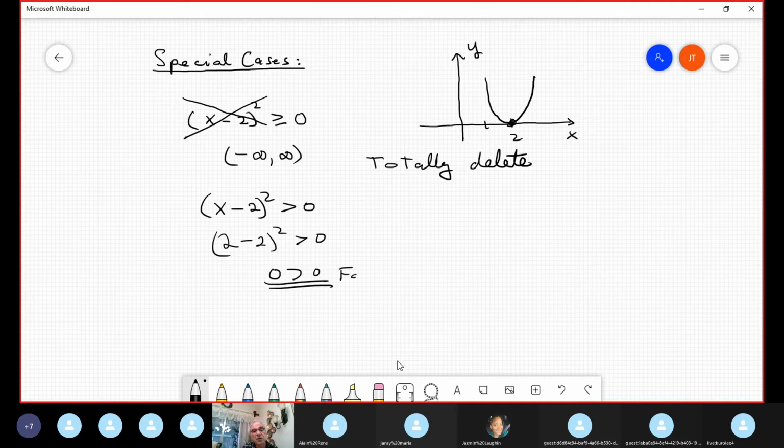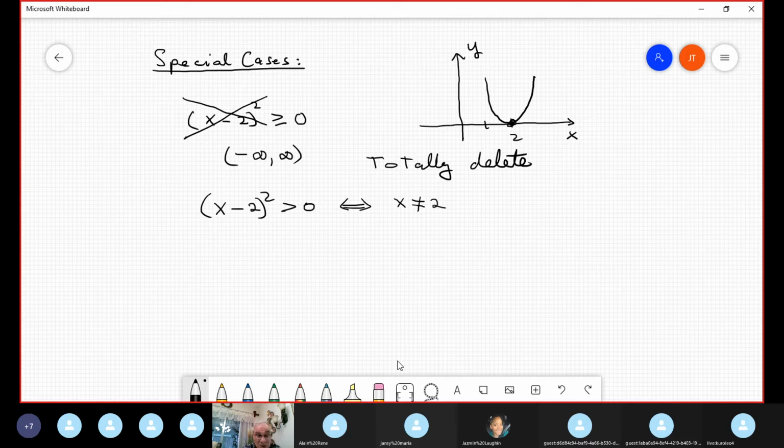This is a totally false statement. Therefore, this is equivalent to saying all real numbers except 2, and at 2 we have a hole.